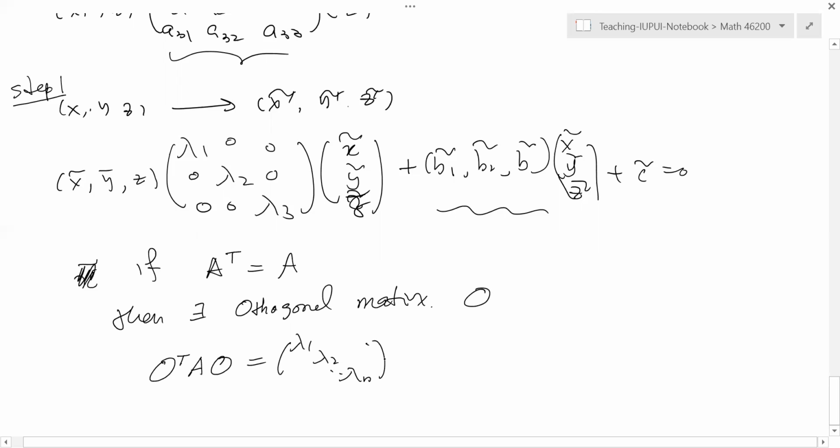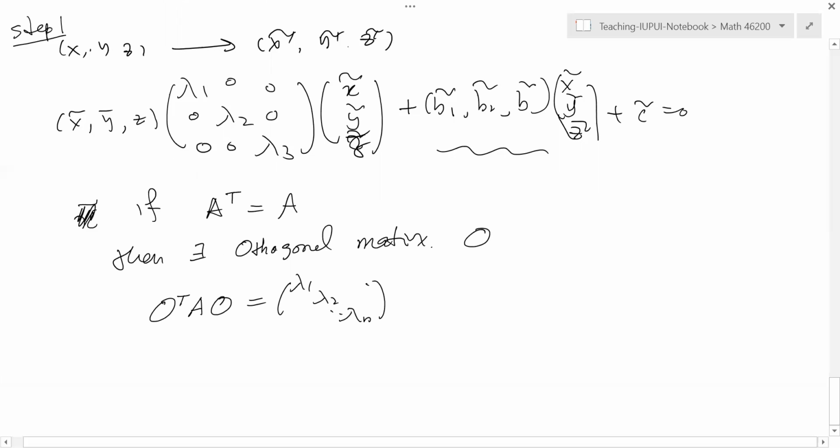Okay, this will be diagonalized. Okay, and then use that O, you can get it.